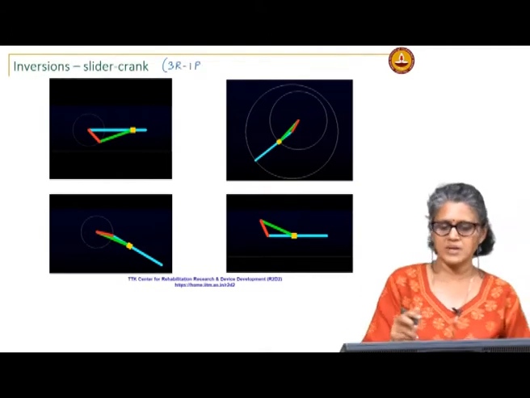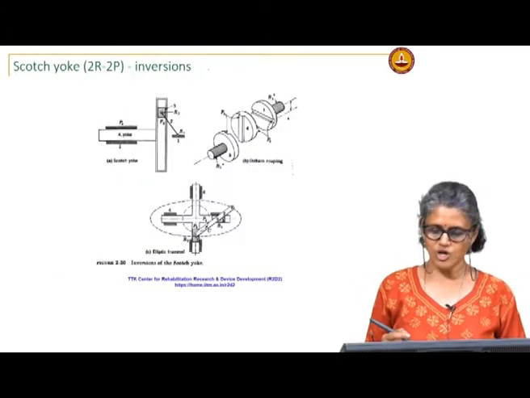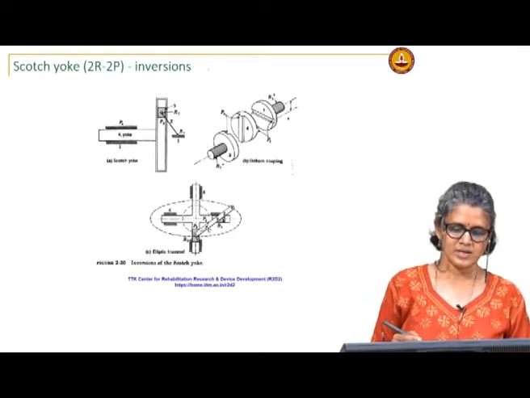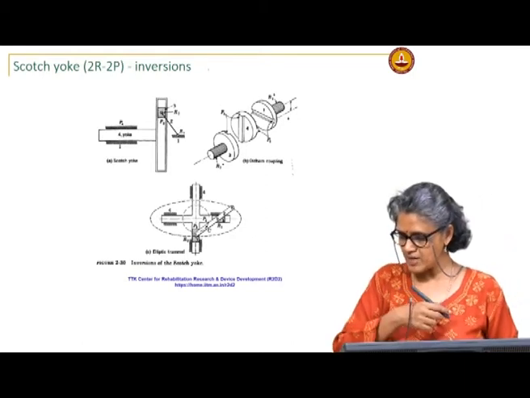The slider crank is also called the 3R1P mechanism. Now, a Scotch yoke is a mechanism which has 2 revolute and 2 prismatic joints.